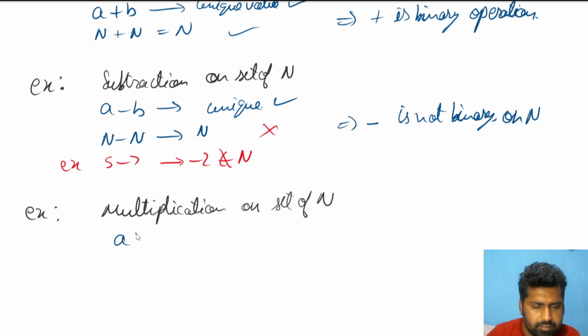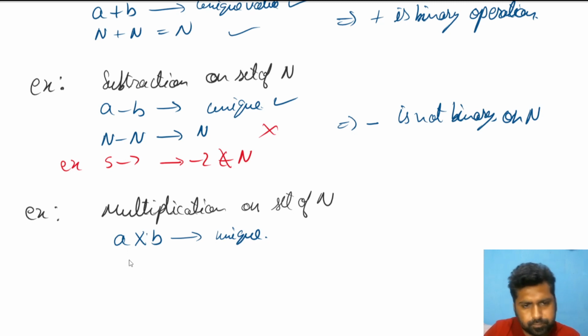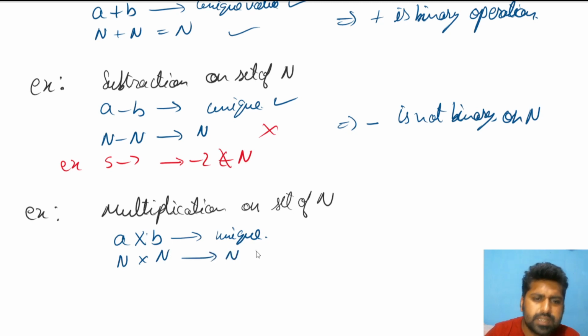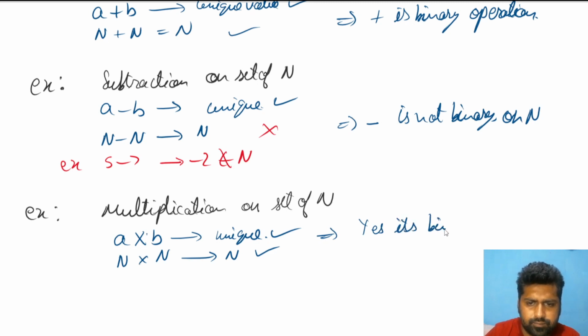Again, a multiplied by b, unique value, that's not a problem. Of course, 2 into 3 will always be 6. It cannot be anything else. So we get a unique value. Now, is natural number multiplied by natural number always a natural number? Yes. So both the conditions are satisfied? Yes, it's binary.